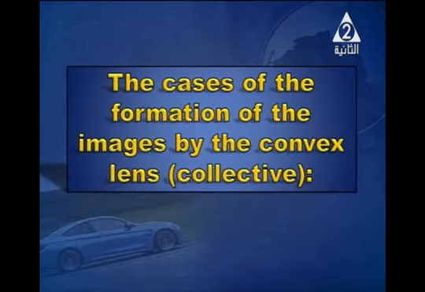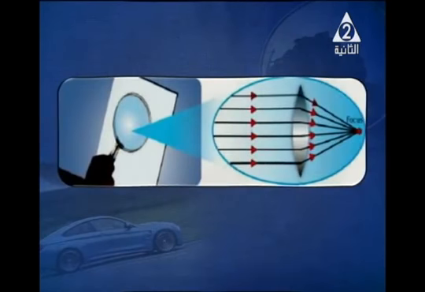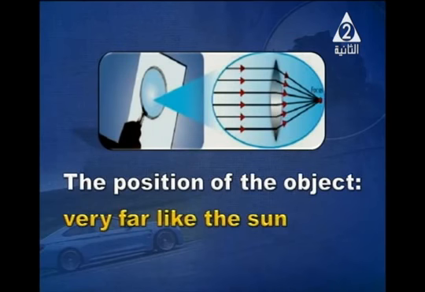The cases of formation of the image by the convex lens. The first case: the position of the object is very far, like the sun.